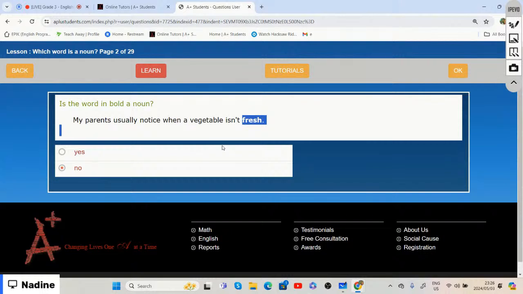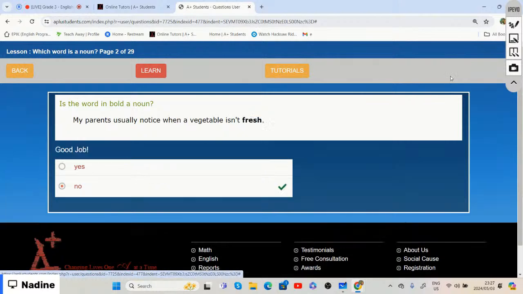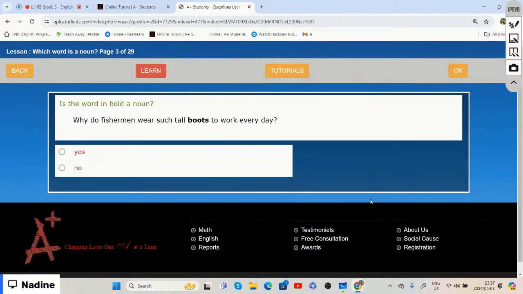So it will basically take the place of an adjective. So it can be no, but it also can be yes, because sometimes it will also take the place of a noun. I'm going to say no, right? But let's see what it says. Ah, and no, it is not, because fresh is an adjective.